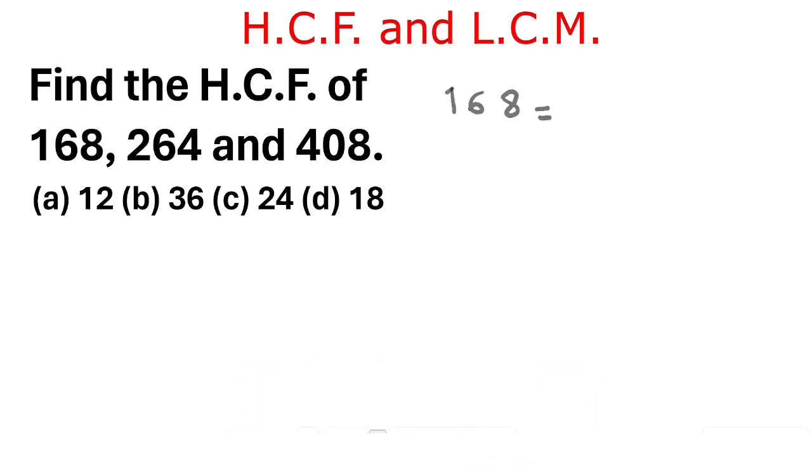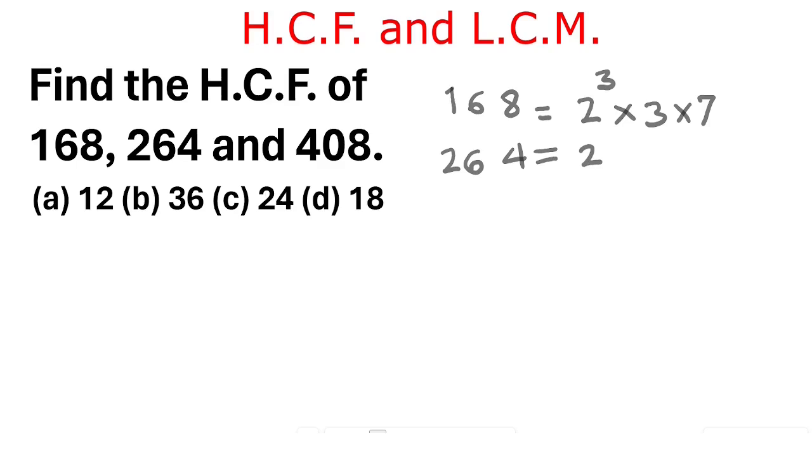168 is divisible by 8, 3 and 7, because 24 times 7 is 168 and 24 is 2 to the power 3 multiplied by 3, so 168 is 2 to the power 3 multiplied by 3 multiplied by 7. 264 is divisible by 24 and it's also divisible by 11. 24 times 11 is 264.